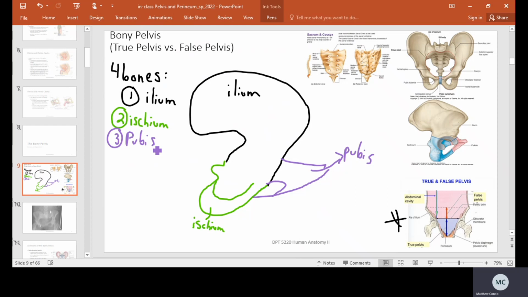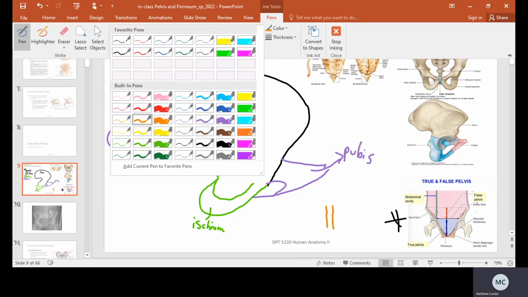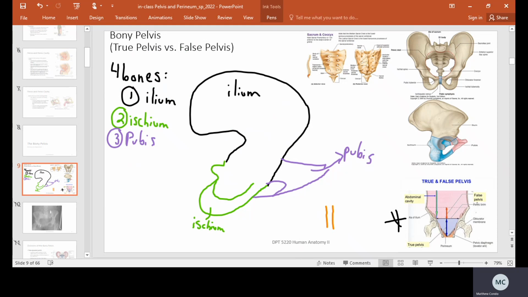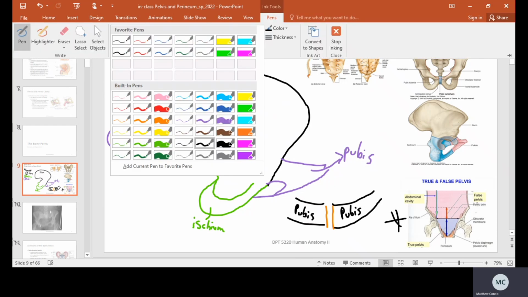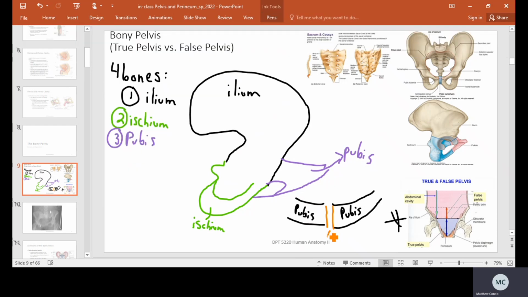So literally what we see is one pubis bone on one side, one pubis bone on the other side, and right here in the middle is going to be my pubic symphysis.